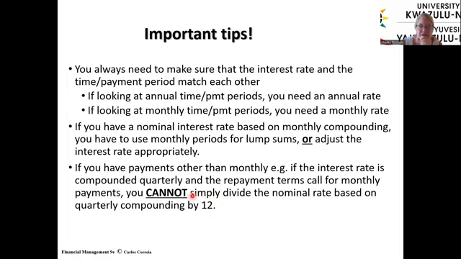Now, don't think you can just divide the nominal rate that you've been quoted by 12 because you've got monthly payments. You can't do that because the annual rate quoted is going to be compounded quarterly at that rate. Okay, I'm going to show you just now what you do. But please don't simply divide that quoted rate that's based on quarterly compounding by 12, thinking that you're going to get a monthly rate that you can use.